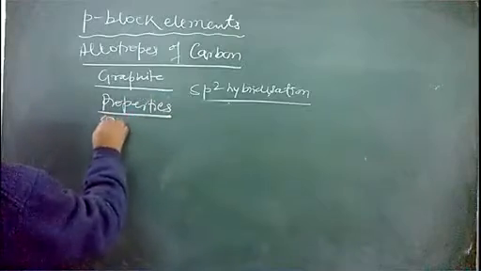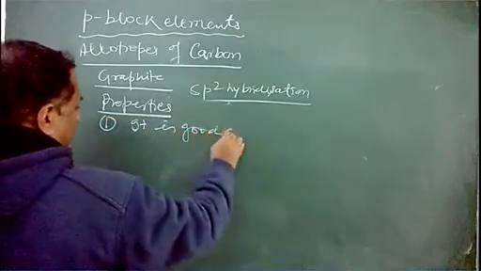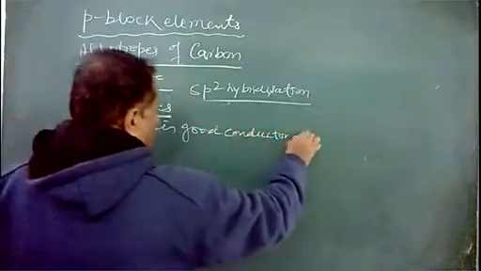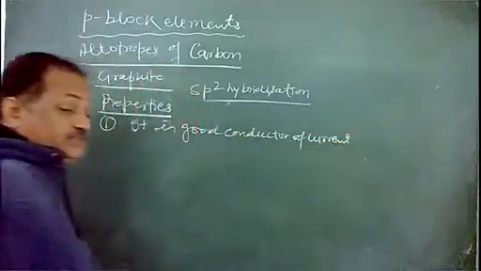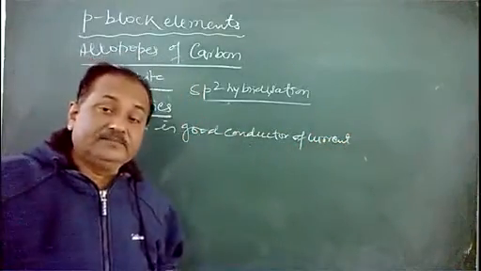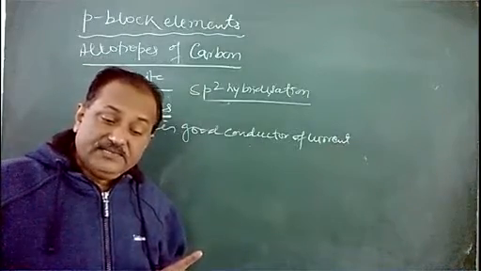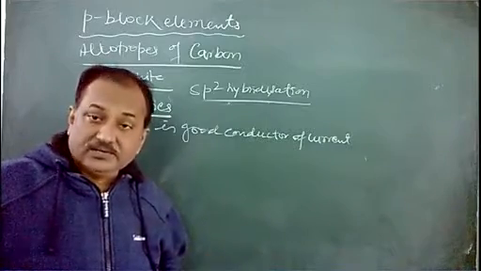First, it is a good conductor of current. Why? Because each and every carbon has one free electron. One free electron is present, and as a result, graphite is a good conductor of current.